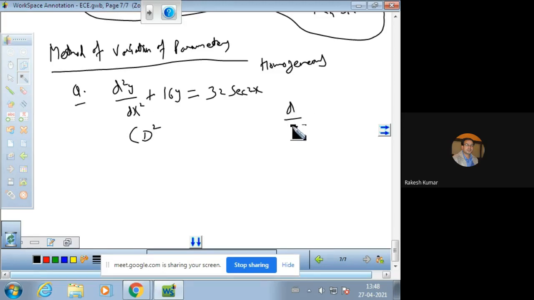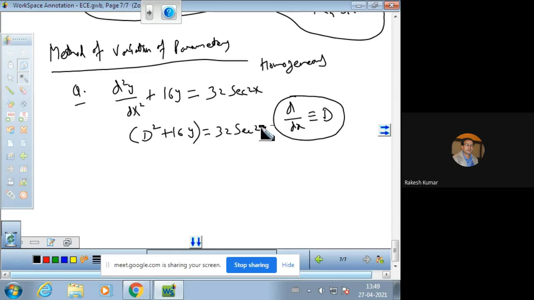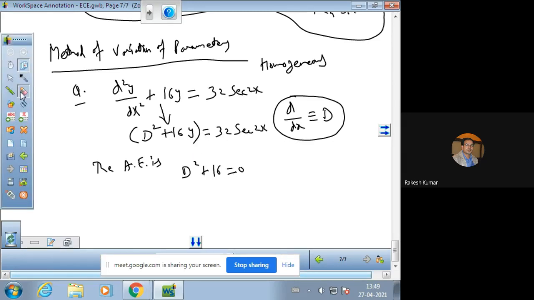We can write down its symbolic form by using d by dx as the differential operator, capital D. So D square plus 16 y is equal to 32 secant 2x. This is the symbolic form of the differential equation. You can write down the auxiliary equation: this bracket term can be substituted as 0, and y can be written outside of the bracket.